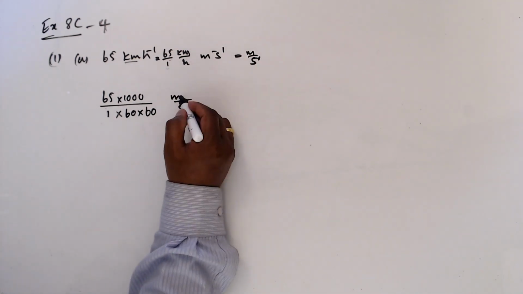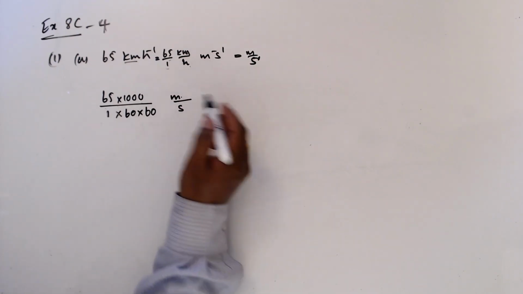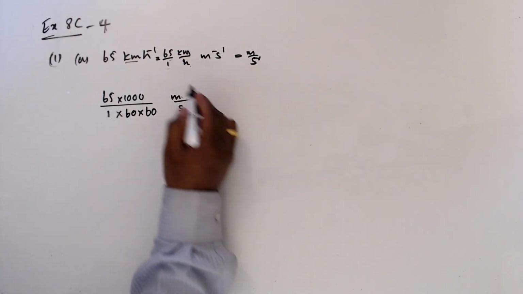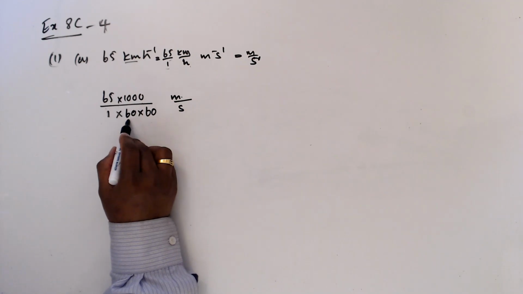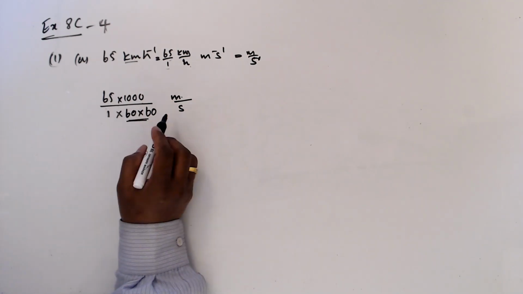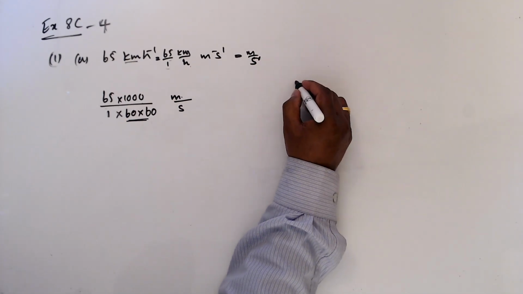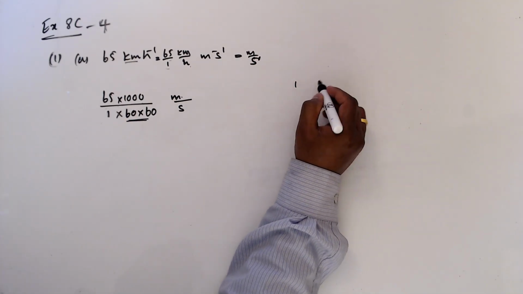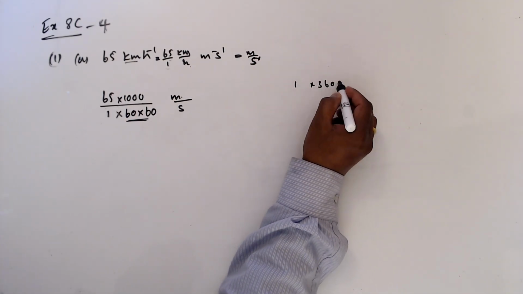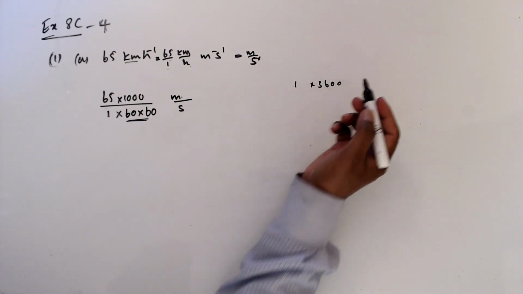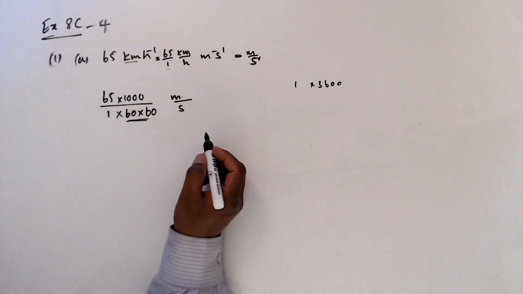Kilometer turns into meter, and 1 hour turns into seconds. In simple terms, we know that to make 1 hour into seconds, we have to multiply by 3600. 60 times 60, that is the value.